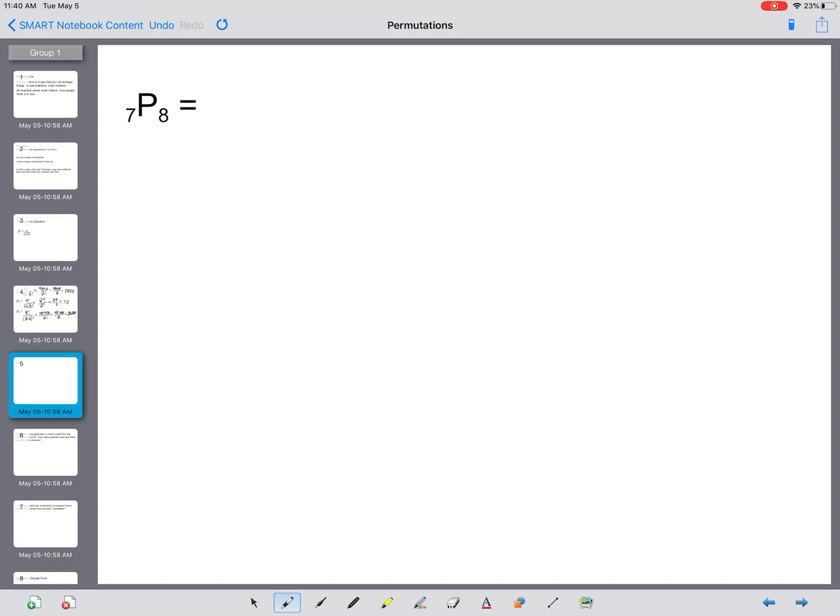Now the next one gets a little bit tricky. I've got 7 people in my race, and I want to know how we can finish the top 8. That runs into an issue because I don't have enough people to finish the top 8. So 7 permutation 8 is 0.